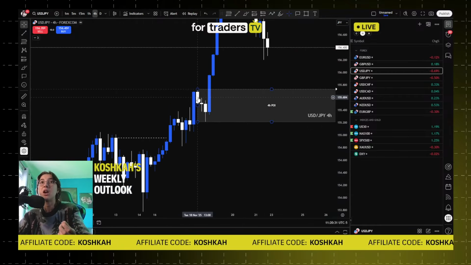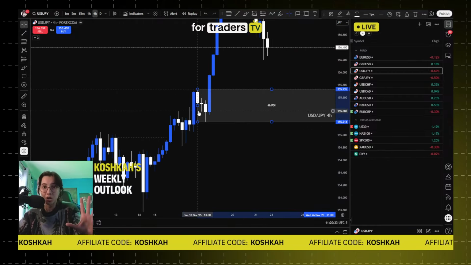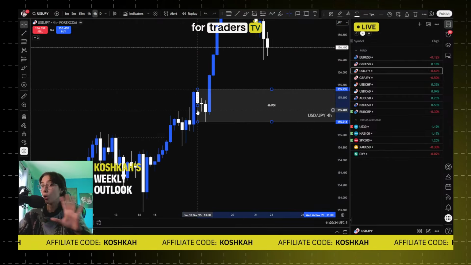As you can see, 1, 2, 3, same color candles, so they're all white. There's no blue candle in between, that are consecutive, and it's right here connected to an imbalance. As you can see, this is connected to an imbalance. The fair value gap is here, like I was explaining in the previous live stream, but here we still have an imbalance because price never came back and filled this gap that is still sitting here.